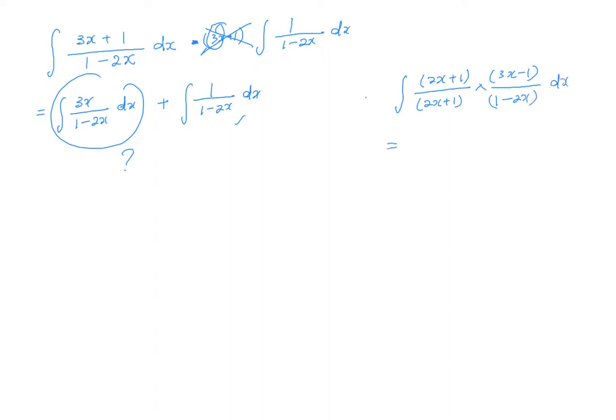So now you have 6x squared plus x minus 1 over 1 minus 4x squared. So you see, x squared, how to integrate? So you see, you try.